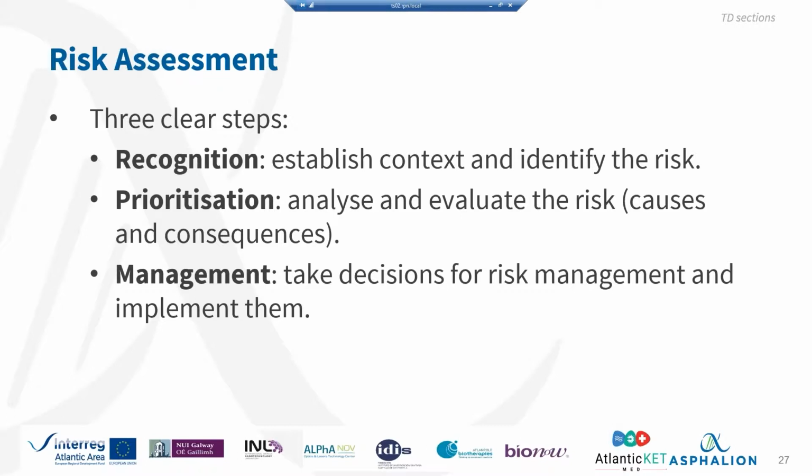That means you will have to analyze the causes and the consequences. And once you have analyzed these particular risks, you will proceed with the management. That means you will take decisions to mitigate, reduce, or avoid these risks or their impacts, and you will implement them.